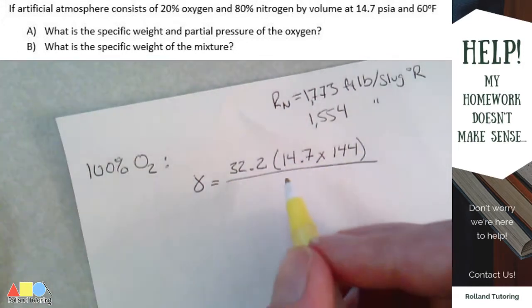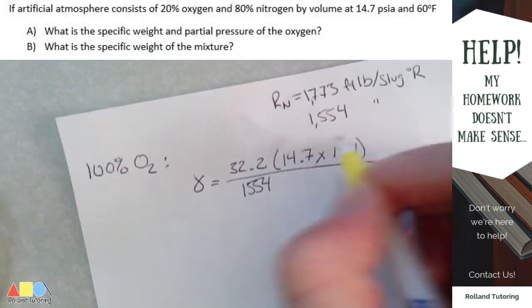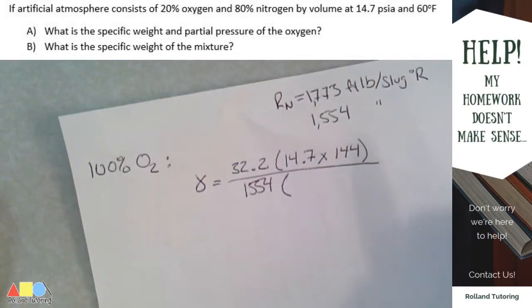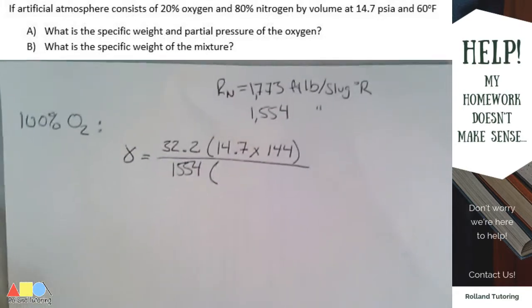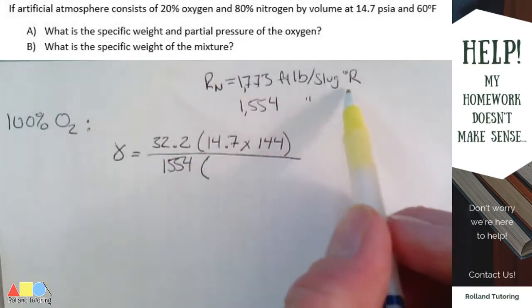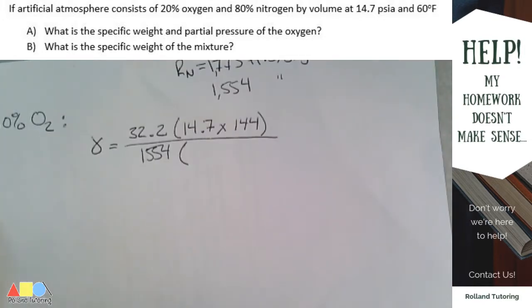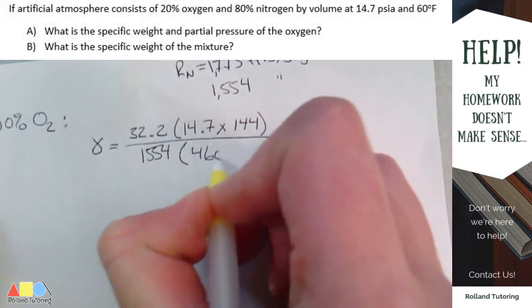And then we put that over R, which is 1554, times, now remember the problem statement gave us temperature in Fahrenheit, and we need it to be in Rankine. We do this by adding 460 to our temperature.